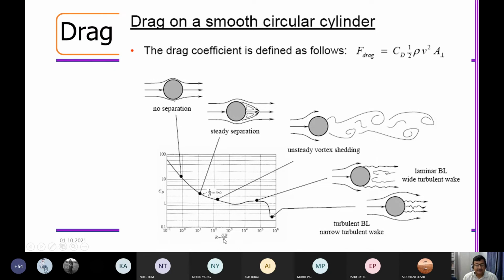Here you may see that at low Reynolds number you have a very high drag coefficient. As you keep increasing the Reynolds number, the drag coefficient reduces. But beyond a certain point there is a drastic reduction in the drag coefficient. This is the situation here. When it starts shedding, you are here. When the laminar boundary layer becomes turbulent, it will be like this.